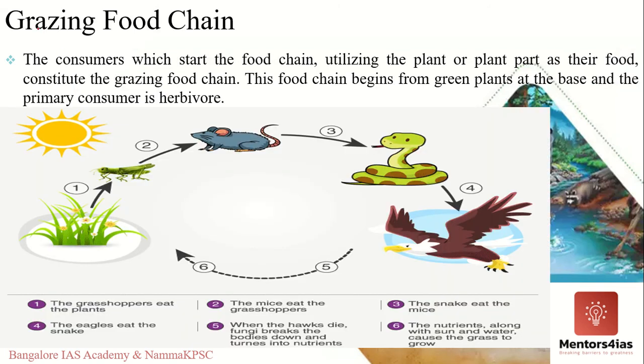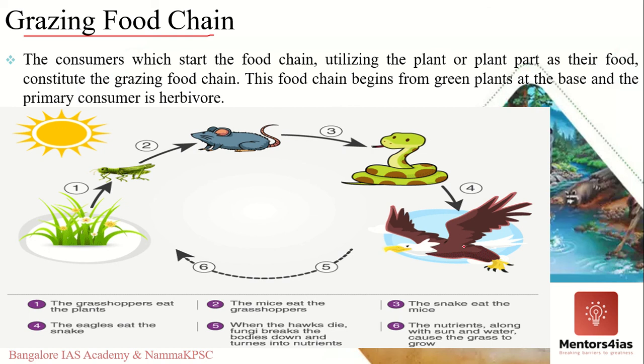The grazing food chain always starts with producers. If you look at this particular image over here, this food chain is always starting with plants. Once again, the plant is being eaten by the grasshopper, by mice, by a rat, by a snake, by an eagle.